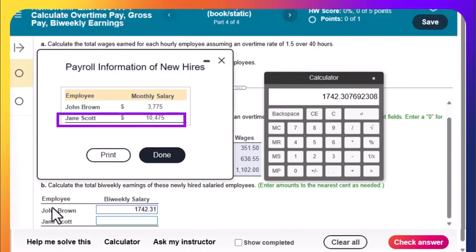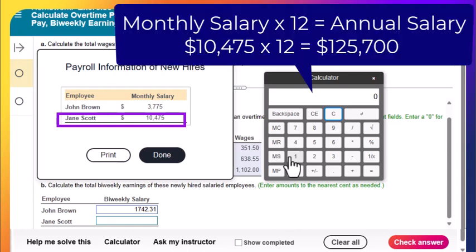Okay, so now that we have John Brown finished, we can go ahead and clear out and move on to Jane Scott here. So Jane Scott gets paid $10,475 here. So we're going to go ahead and take that amount into our calculator. Since that is monthly, we're going to multiply that by 12.